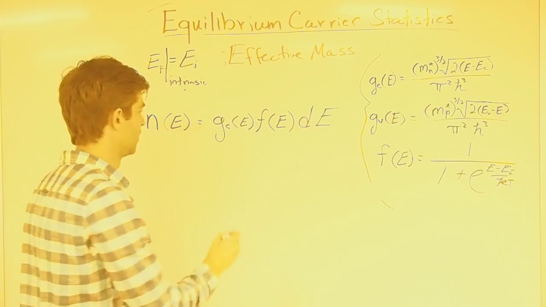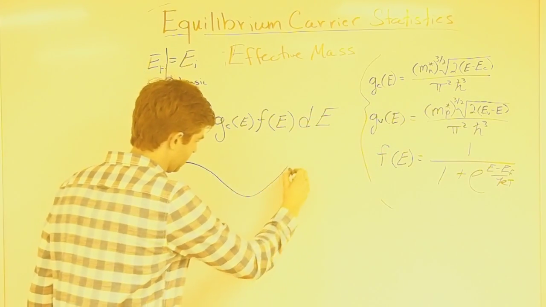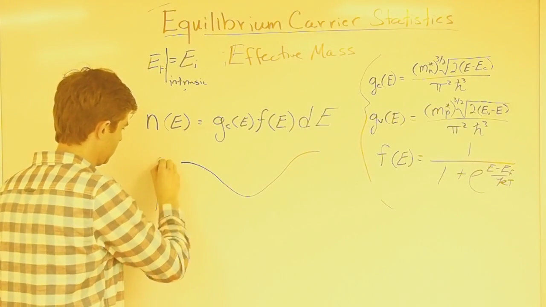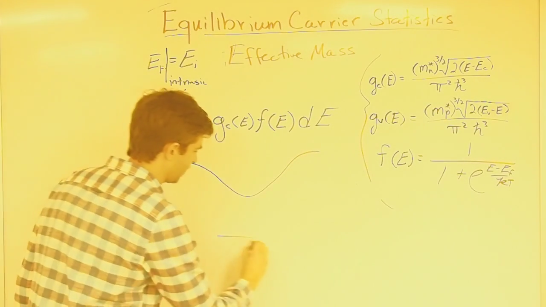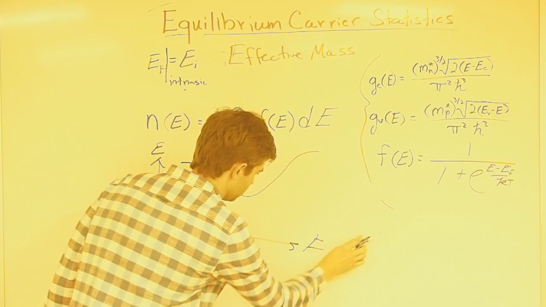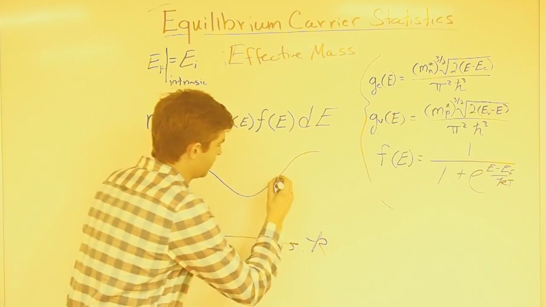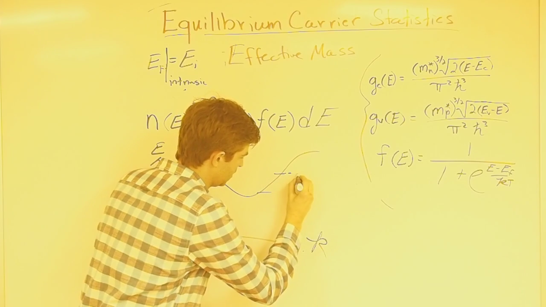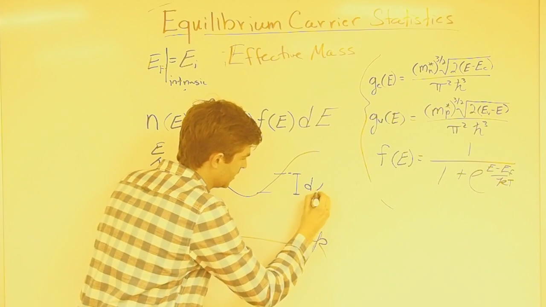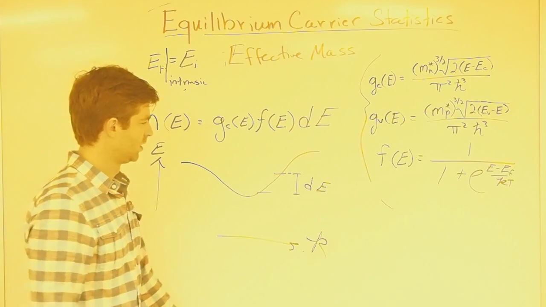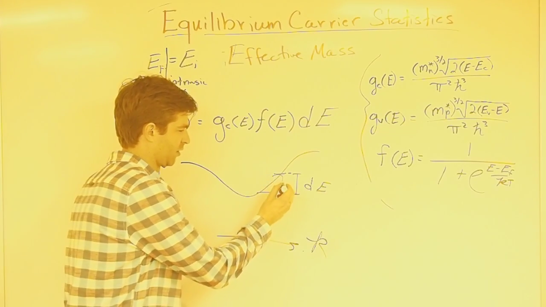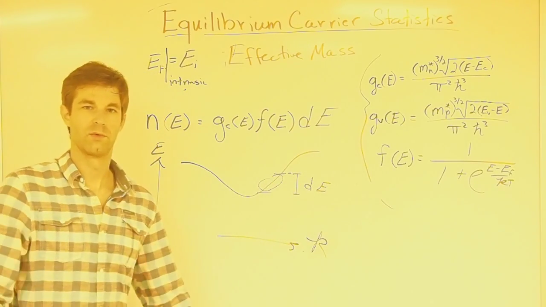Let's go back to what the conduction band looks like. It looks something like this. There's E, here's K. So if I have some dE here, what's the density of electrons in this area right here? That's what we're looking for.